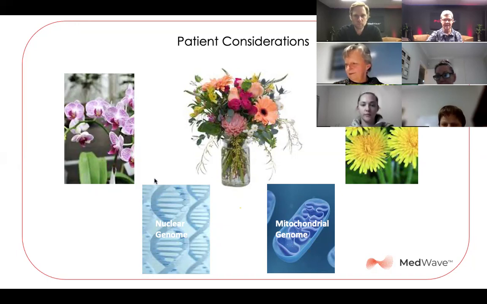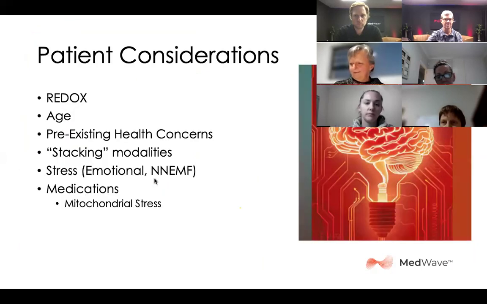There are a number of things we want to bring into consideration. Probably the most important one is something called our clients' redox capacity, but also their age. Are there any other pre-existing health concerns? Are they stacking other modalities on top of the photobiomodulation?